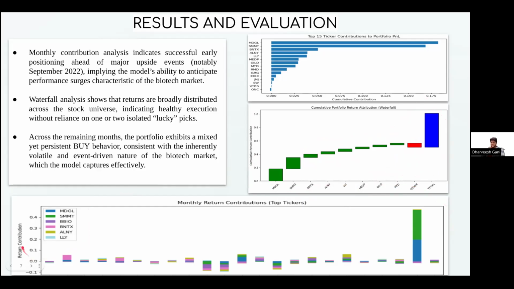And when we analyze the monthly return contribution, we can see that the model successfully identified a good opportunity that produced an extremely high reward that the baseline model could not identify. That was the second last month during our 24-month time period. The MTGL and SMMT produced the highest returns if we take the overall contribution across the 24 months.